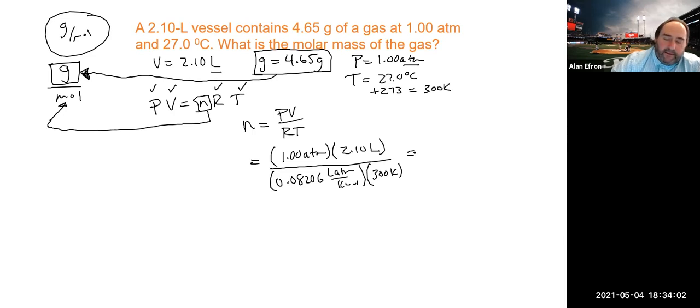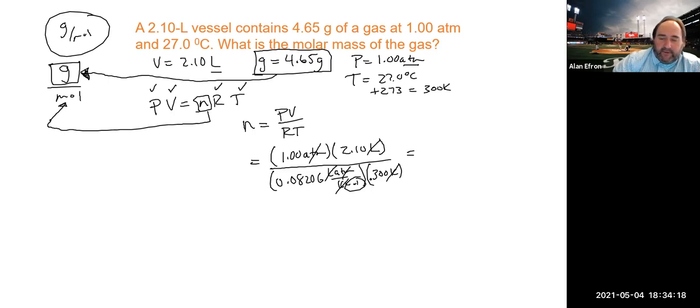Looking at units, atmospheres are gone, liters are gone, and Kelvin are gone, leaving us moles, which is really good because that is what we're looking for.